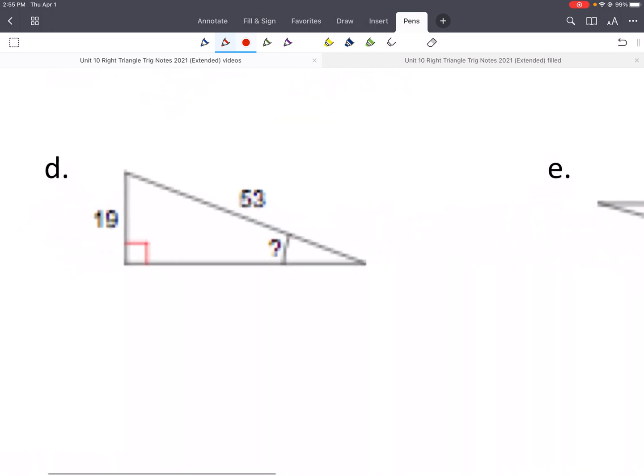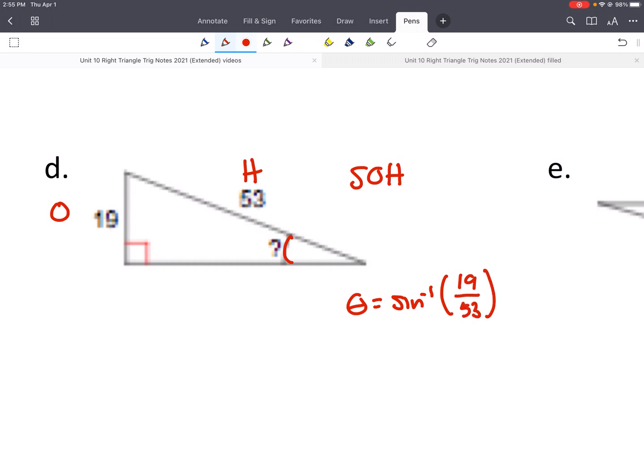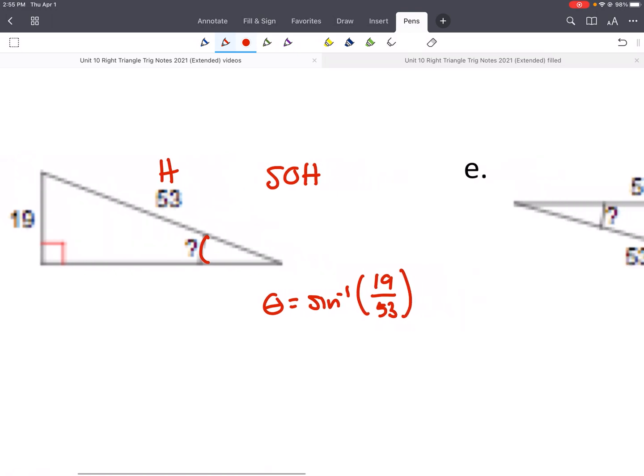All right, here we've got our reference angle. We have opposite and hypotenuse, so that's SOH. We'll do theta is equal to sine inverse of opposite over hypotenuse. Sorry, I need to work on this so it's not so blurry. So theta is approximately equal to 21.01 degrees.